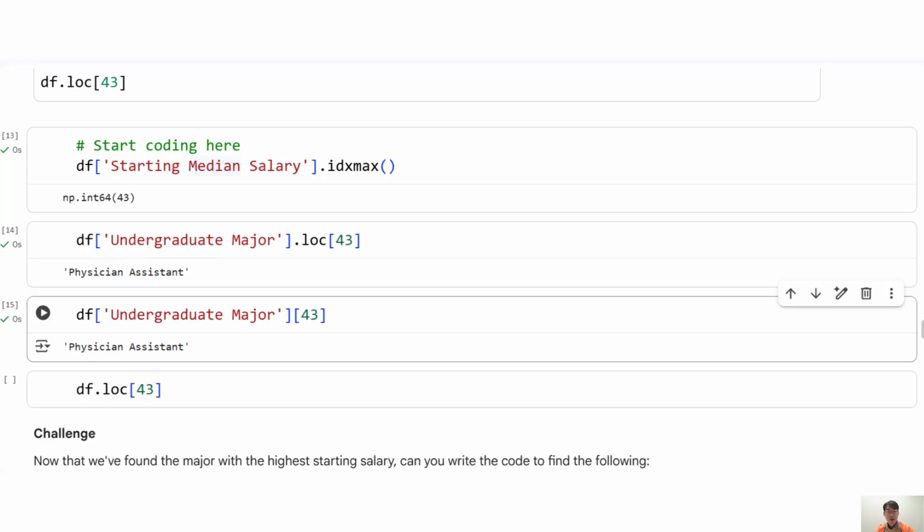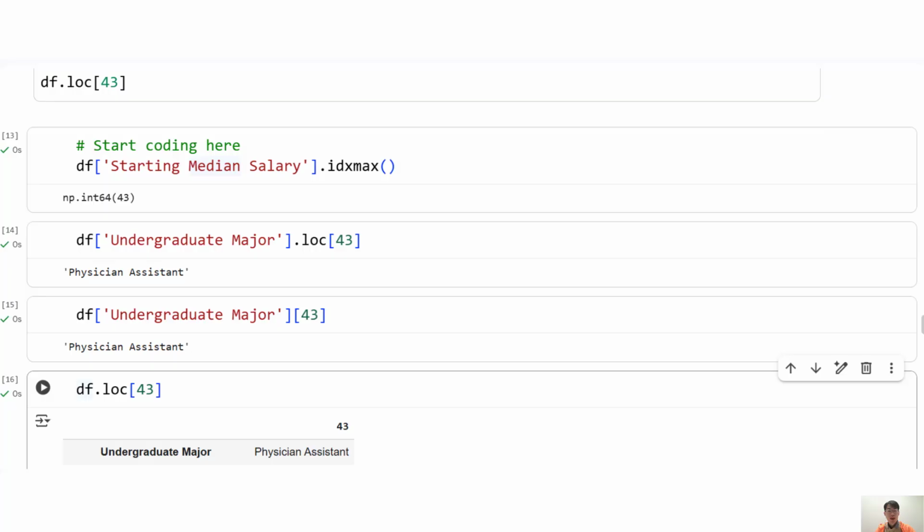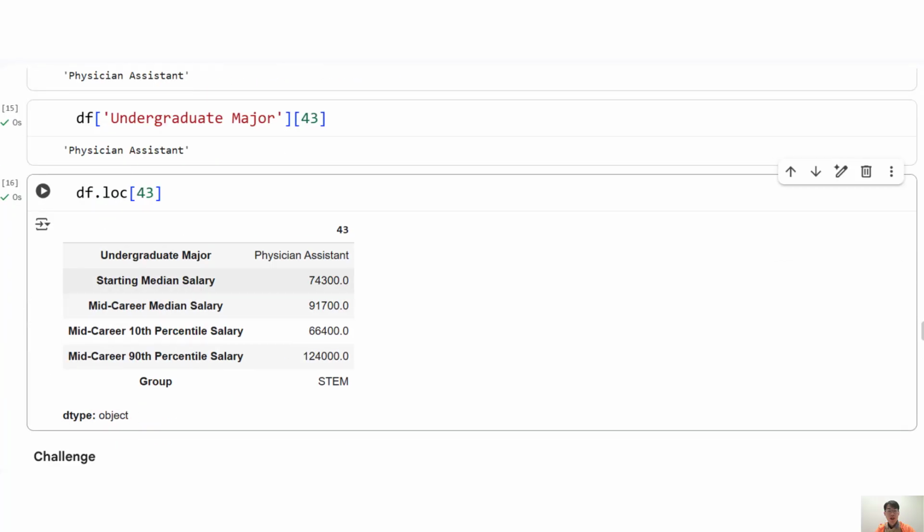What if I don't want to extract only this column? I want to extract the whole row at 43. Then I can do df.loc 43. It will extract every value in the 43rd row. Okay, so undergraduate major is physician assistant. Starting median salary is the highest, 74,000.